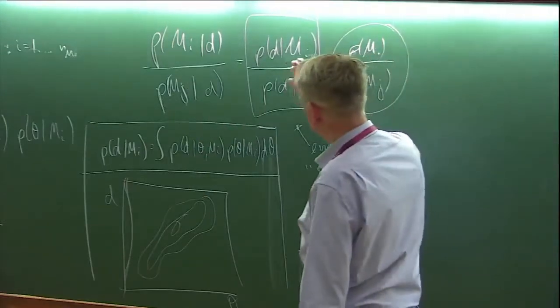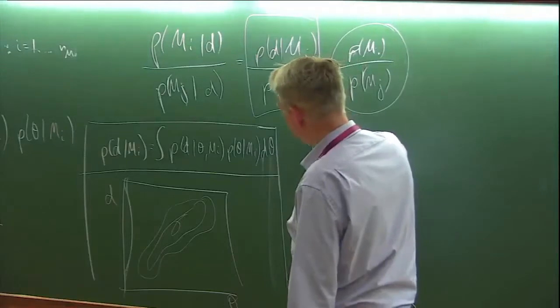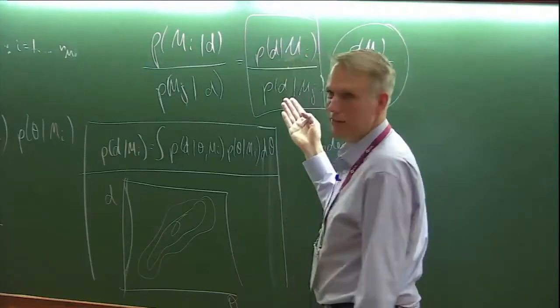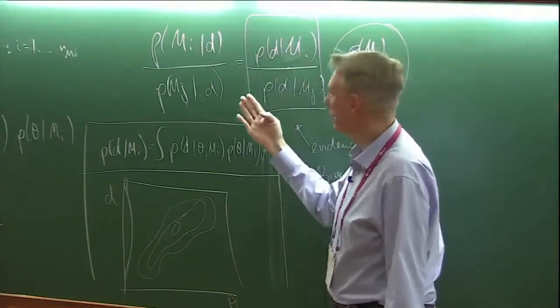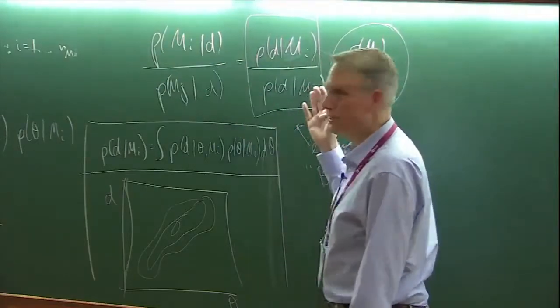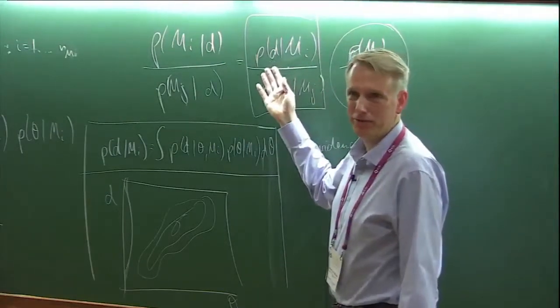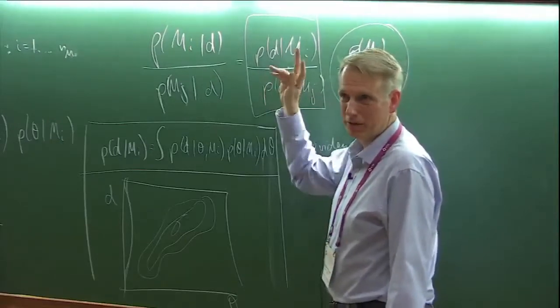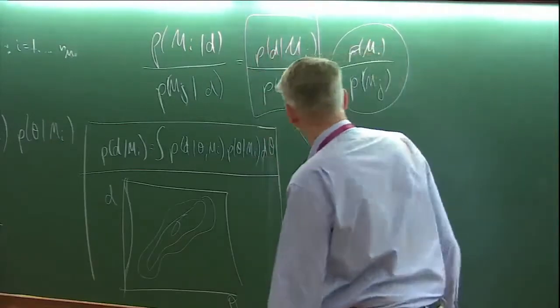Because what we learn here is that the one thing that matters for evaluating the relative probability of models is how predictive and accurate the model is. It's basically those two things.